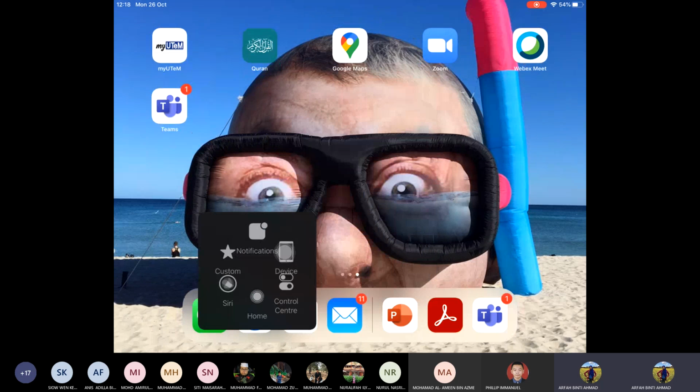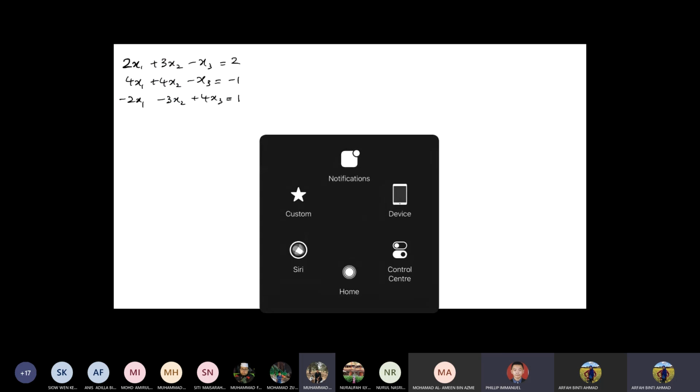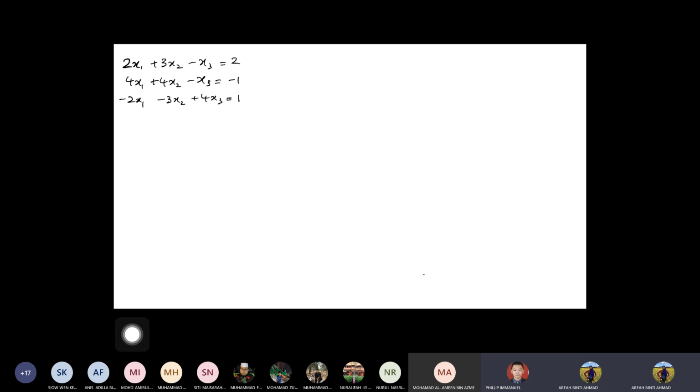Okay, this is the example and we are going to solve the system of linear equation. Oh, belum broadcast lagi. Sekejap. Nampak tak? Nampak phone punya screen. Okay, home screen. Nampak apa? Okay, dah nampak. Okay, sekarang nampak.